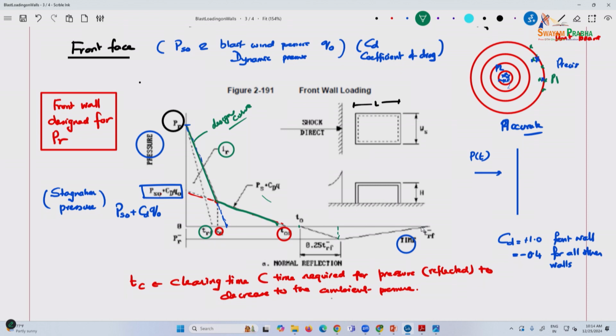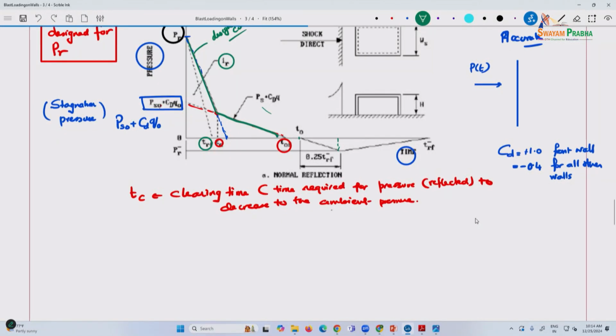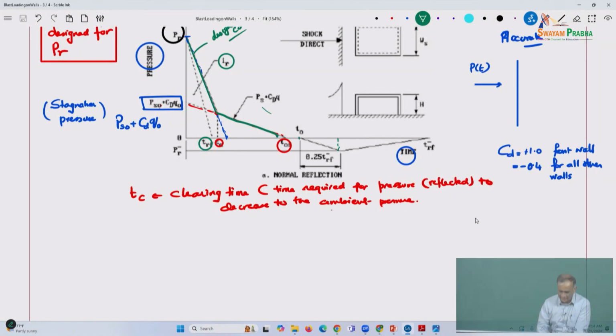Any questions on this part? So that's the front wall loading, and we'll definitely go through an example. The clearing time Tc is given as follows; these are for explosions. Petrochemical facilities we'll talk about later. You do get something similar, and we'll do a comparison.